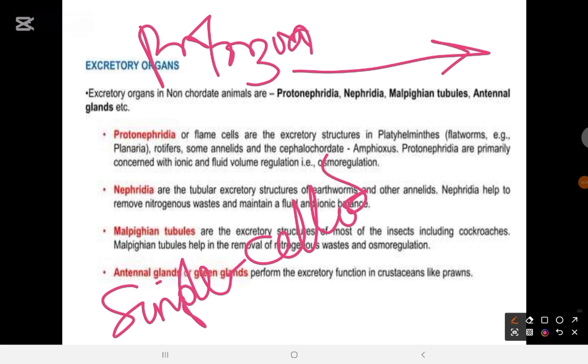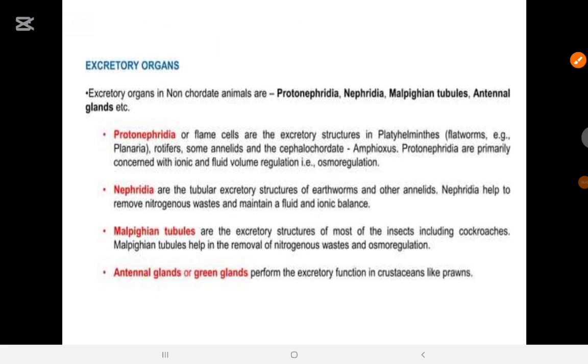They don't require special excretory organs like the kidney or even green glands that we see in some arthropods. We don't see advanced organs that they use for excretion because they are simple organisms.